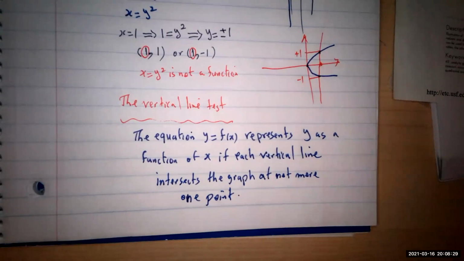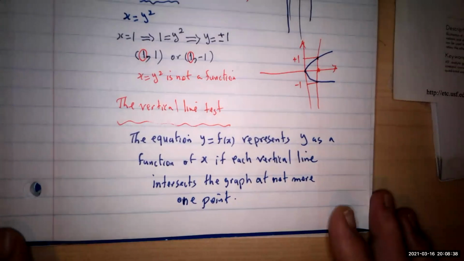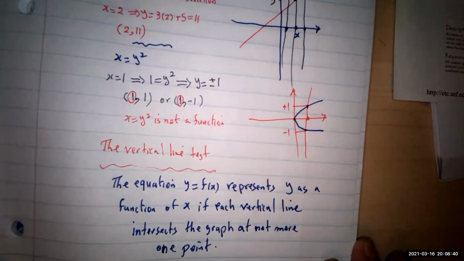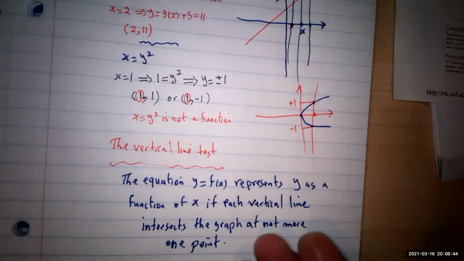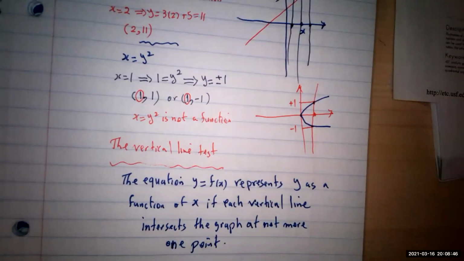It means they may not intersect each other, but if they intersect each other, there must be only one point. So that's the definition of a function using algebra and geometry. Any question?